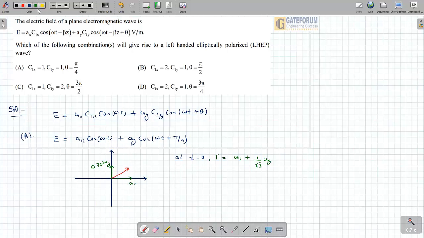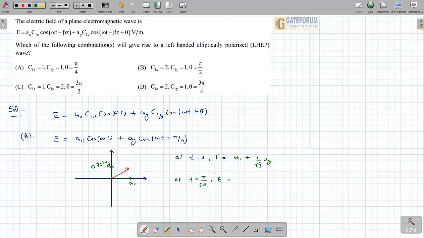Now at t equal to pi by 2 omega, or you can take pi by 4 omega also.